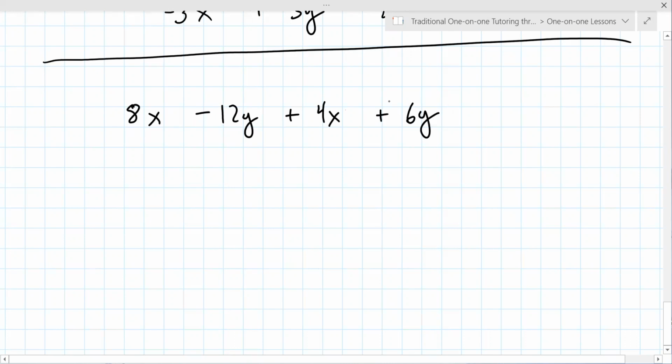So you want to rewrite this so that they're next to each other: 8x plus 4x minus 12y plus 6y. And now it's a problem that you know how to do. So go ahead and give this a try, and let me know when you get your final answer on this one.